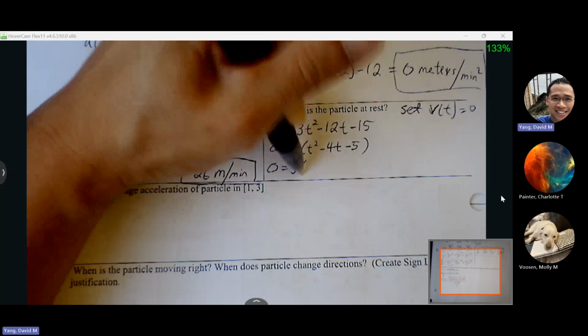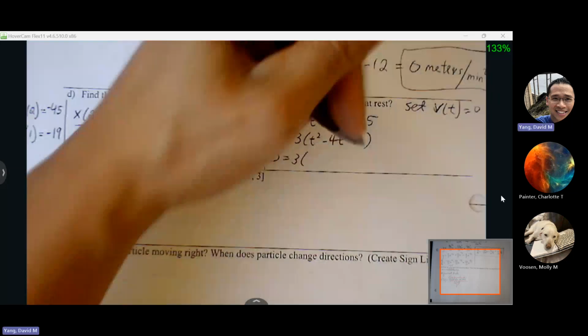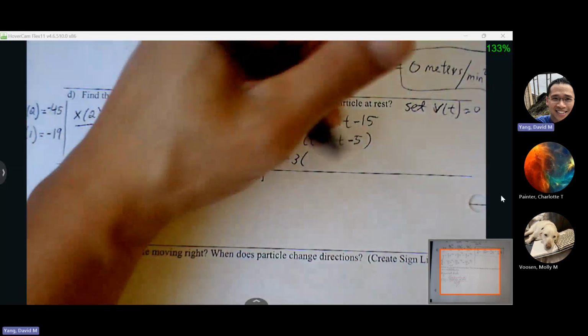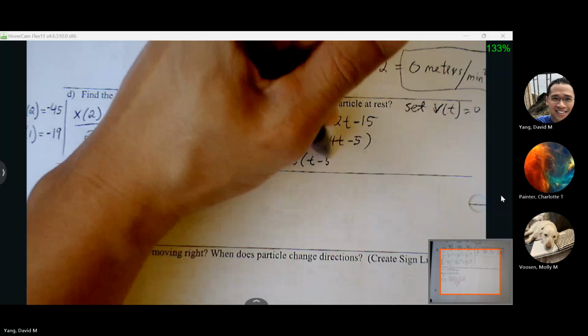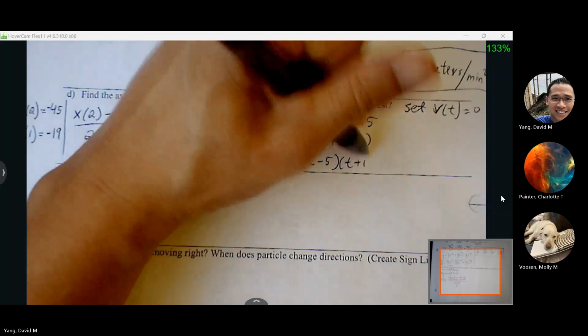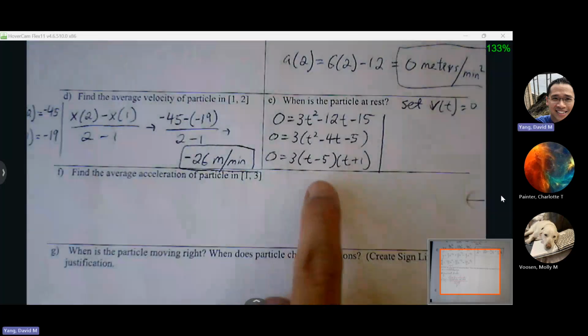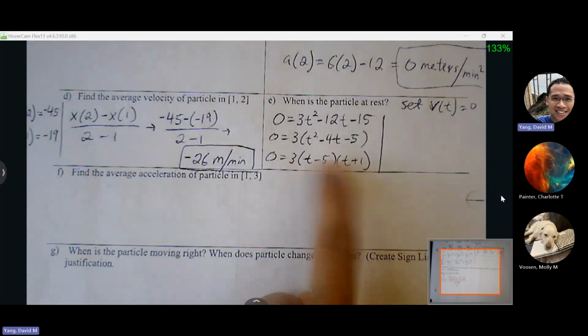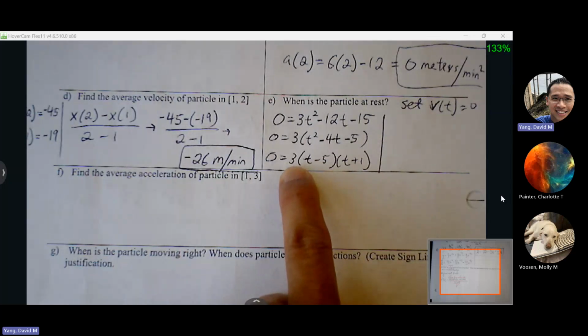Multiplies to be -5, adds to be -4. Solve for t: t equals 5, t equals -1. If I set 3 equal to 0, I'm not going to get a real solution, so I can ignore it.